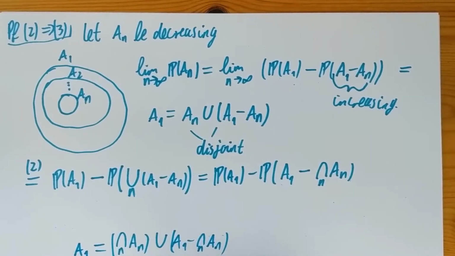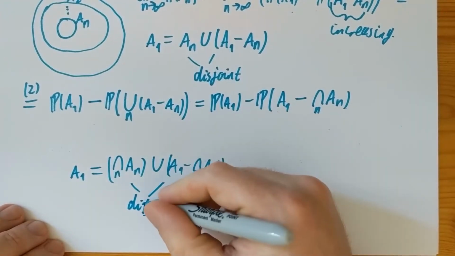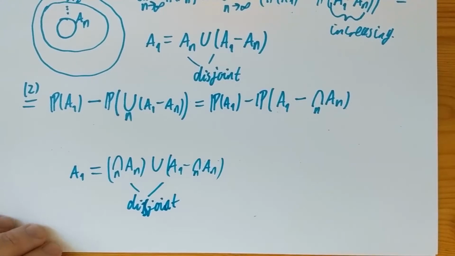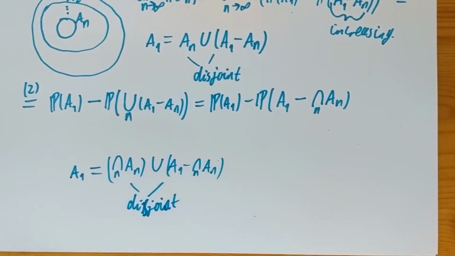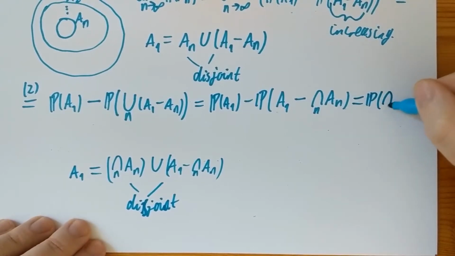So these are disjoint. And their union is a1. And therefore the probability of a1 is the sum of these two probabilities. So if I do probability of a1 minus probability of this part, then I end up with just the probability of the intersection of an.